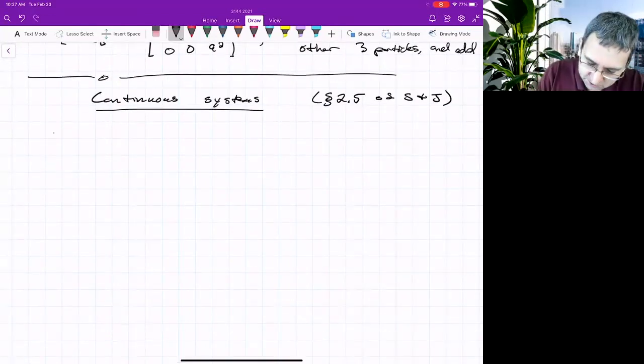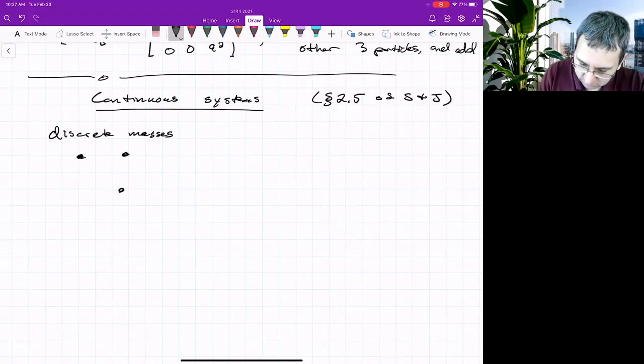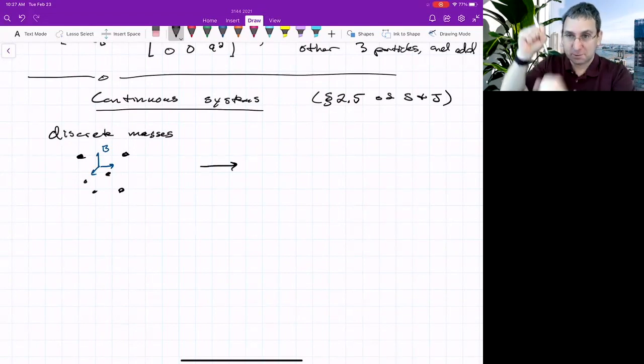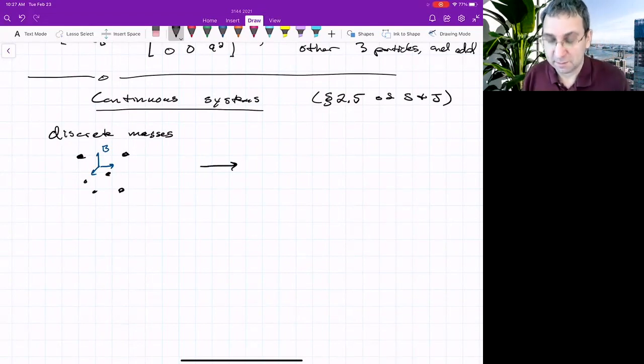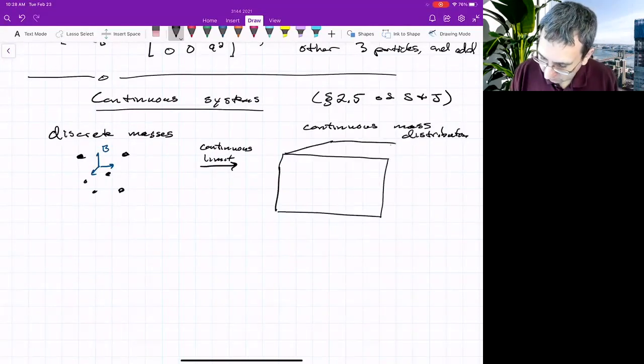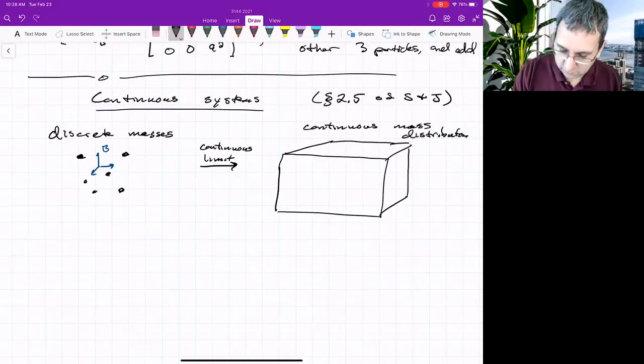When we go from discrete masses, with some rigid body attached, rigid body frame, I mean, and we go to a continuous limit. So instead of lumps of particles, we have a continuous limit. So this is a continuous mass distribution. Maybe we don't know initially where to start.